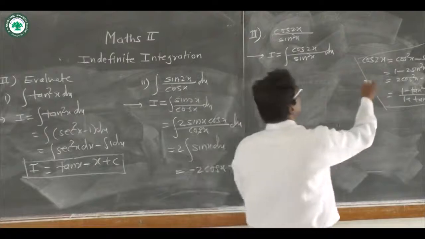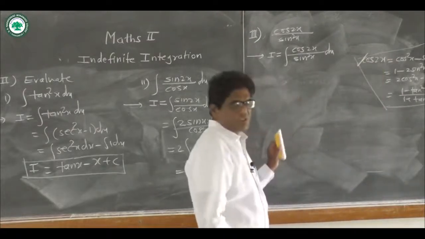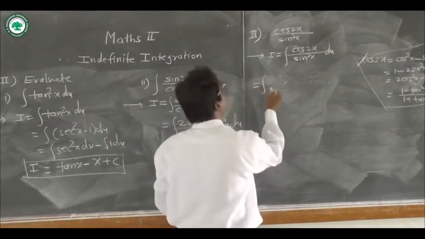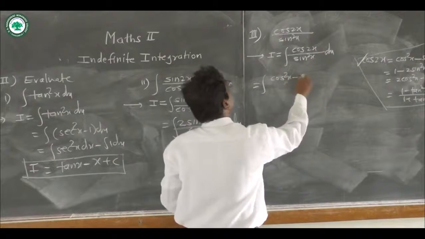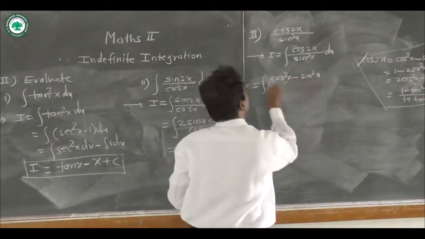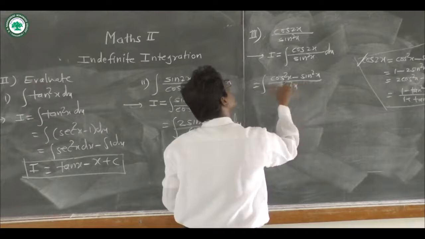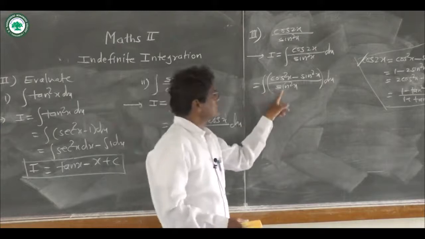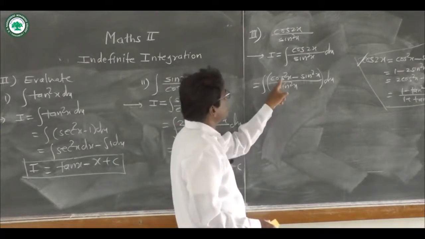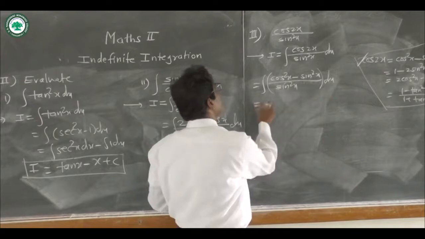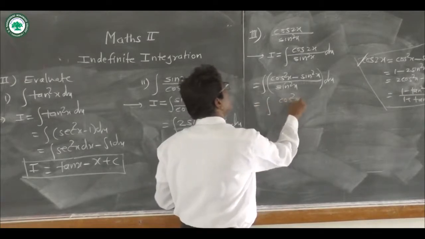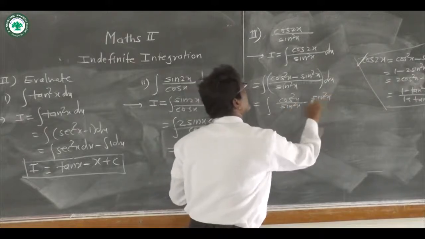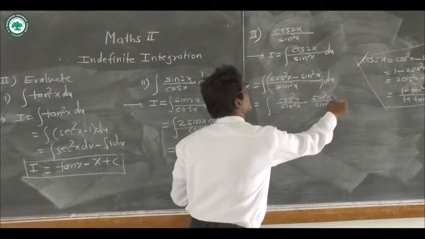Out of these, we use the first formula, cos of 2x is equal to cos square x minus sin square x. So it is equal to integration of cos square x minus sin square x upon sin square x dx. Now take the separate division, dividing cos square x and sin square x by sin square x. So we get integration of cos square x upon sin square x minus sin square x upon sin square x dx.